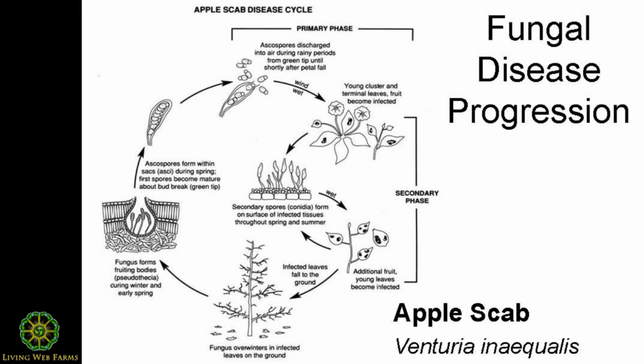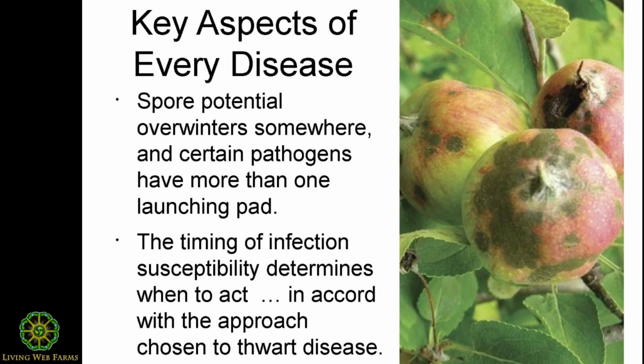And that whole business is telling us where it comes from, fallen leaves, and also when it's most likely to happen, when we maybe need to do something, because we looked at its life cycle. Those are the two key aspects: the launching pad, where does it come from, and the timing of when infection is most likely, when we need to do something more than just hope that our ecosystem advantage, our soil biology, is doing the job optimally.